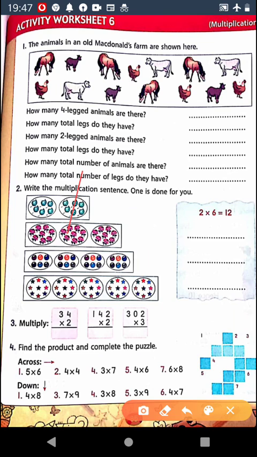So how do we write it? We write it as 2 into 6. As I've told you earlier also, when we write multiplication as groups, we always write the number of groups first, multiplied by the number of objects in each group. So here there are 2 groups and each group has 6 objects. So 2 into 6 is equal to 12.